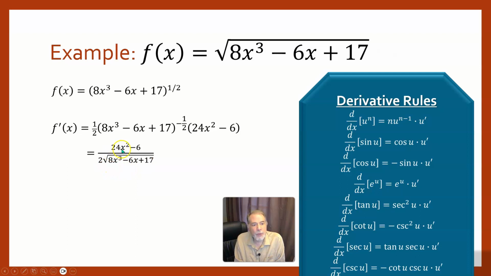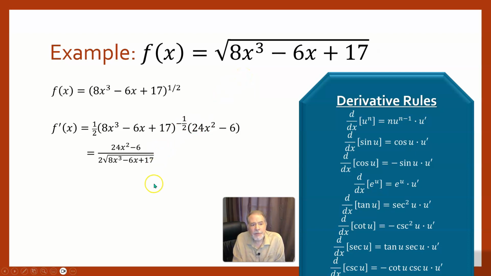So on top we have 24x squared minus 6 over 2 times the square root of 8x cubed minus 6x plus 17. Could have left it as to the 1/2 power in the denominator, but might as well go back and write it using a radical sign, since the original function was written using a radical sign.